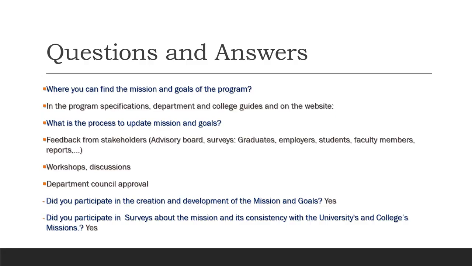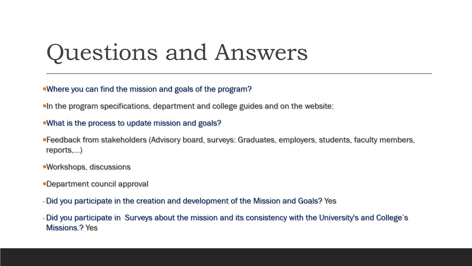First, you need feedback from stakeholders: advisory reports, surveys, graduates, employers, students, faculty members, reports, and so on. After that, you need workshops and discussions. And finally, the department council approval to approve changes if necessary for the mission and goals.